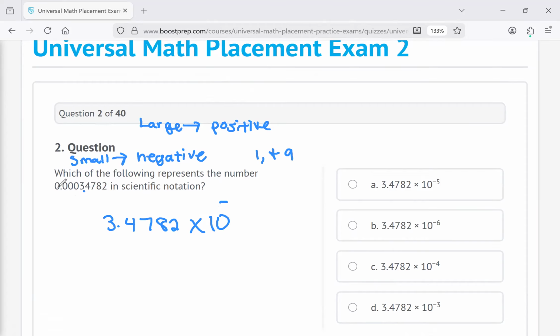And then our original decimal point was right here. We got to move it, and then we moved it here. So how many places is that moving? 1, 2, 3.